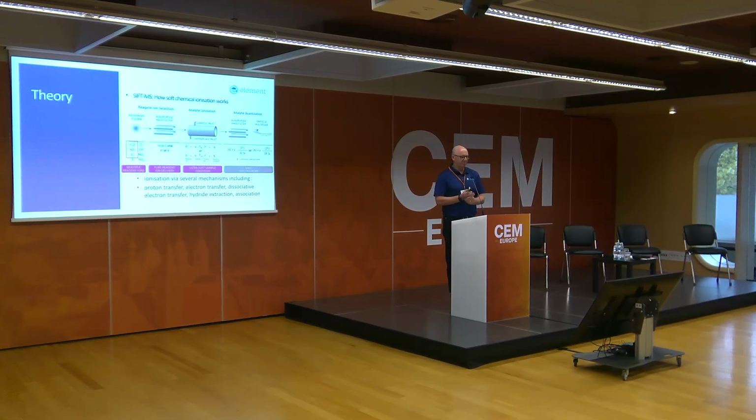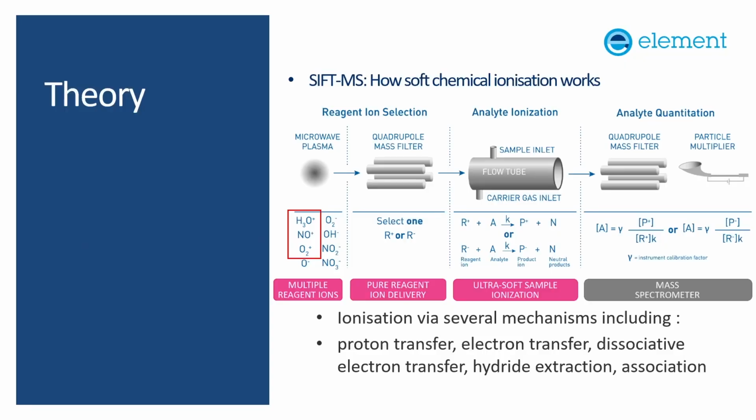But briefly, there's a microwave plasma that generates some reagent ions from moist air. The SIFT that we have just looks at the positive ions, but you can get negative ions as well, which opens it up to a higher range of compounds that it can detect.